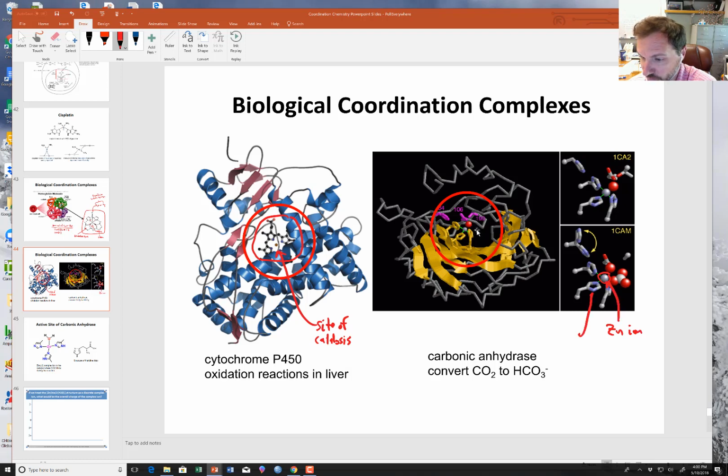And then these are histidine residues that are, of course, part of the protein that then can coordinate that zinc ion. And then the zinc will interact either with carbon dioxide or water. And so that's again, the zinc is the site of catalysis.